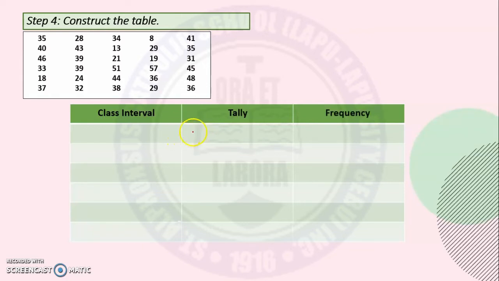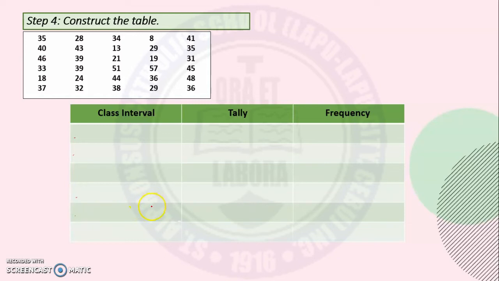Now, for the number of rows, since the number of our classes, or the value of our k, is 6, that means we should also have 6 rows. 6 classes means 6 rows. So let's count: 1, 2, 3, 4, 5, 6. So this is already correct.